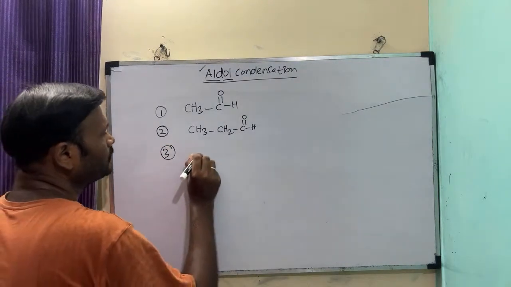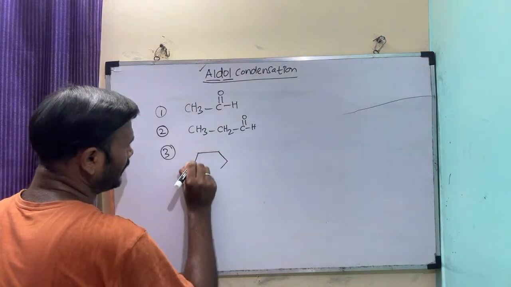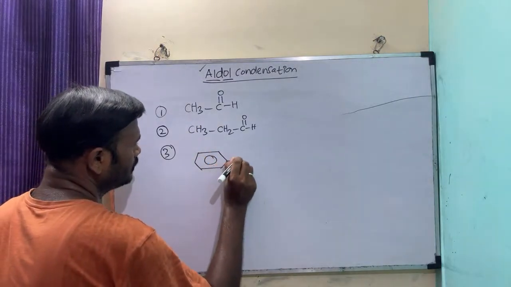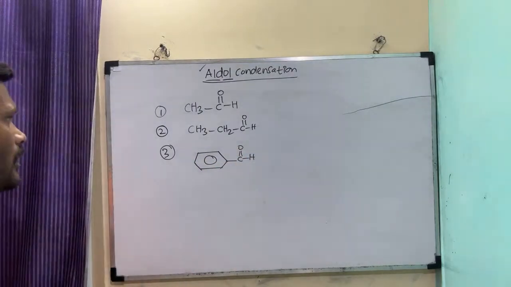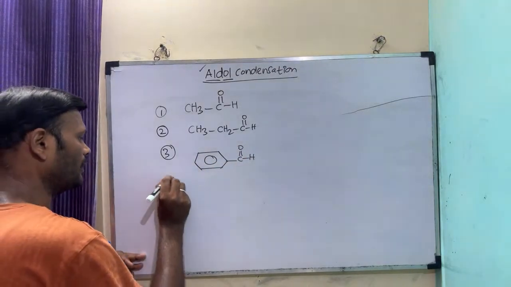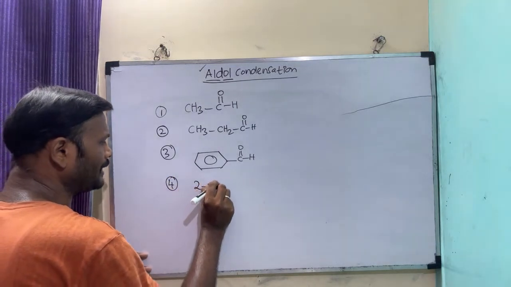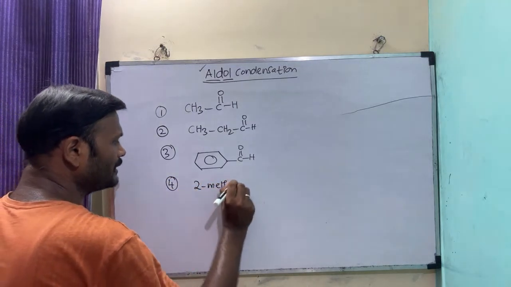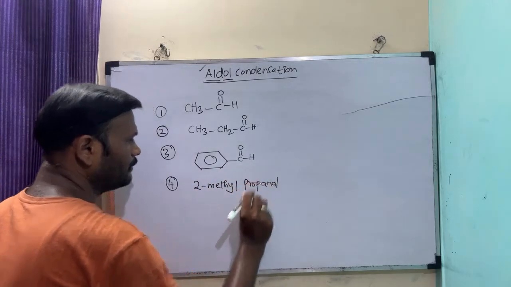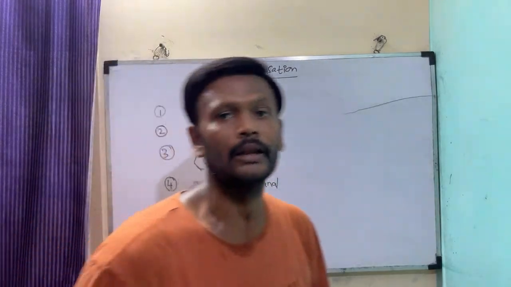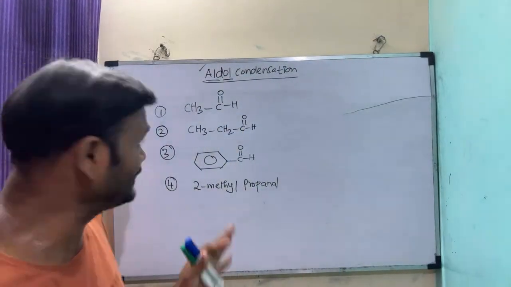The third one will be benzaldehyde, C double bond OH. This is another molecule. Then the fourth one is 2-methyl propanal. They gave the name of the compound as 2-methyl propanal. Whether the molecule is involved in aldol condensation or not, that is what the question is.